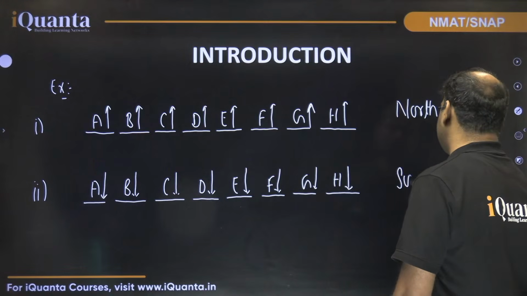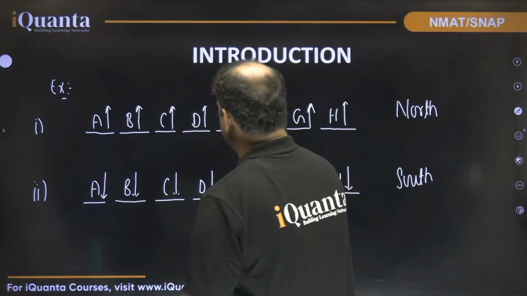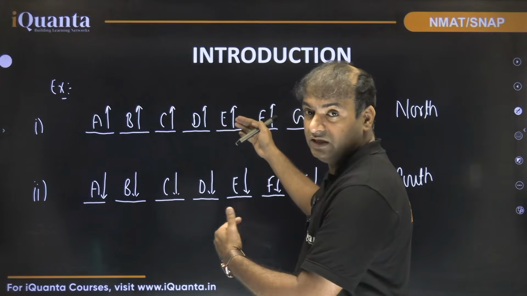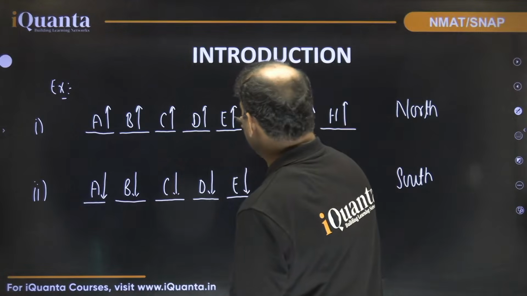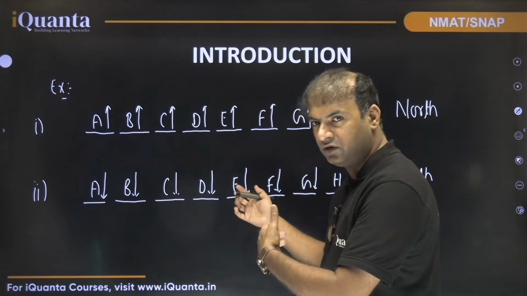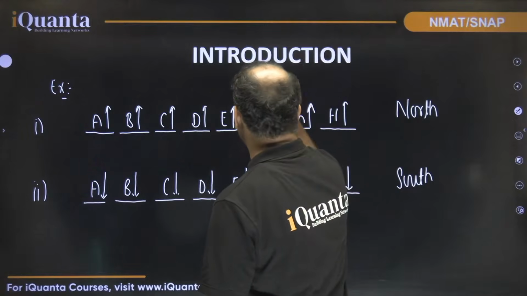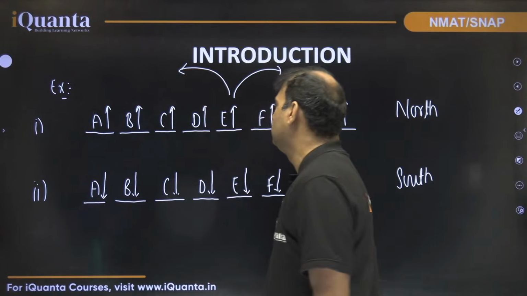Now guys, how do we decide the right or left of any person? Suppose I take E, right? In this first case, E is facing north, right? So just think for a while that if you are sitting at the place of E, then guys, your right will be F or D. What do you guys say?